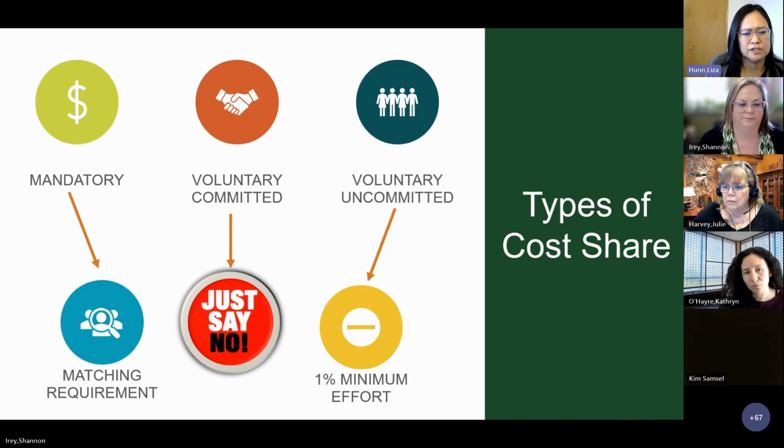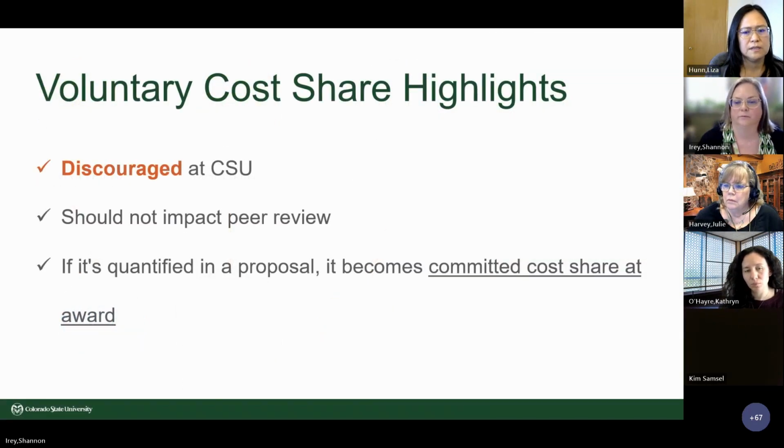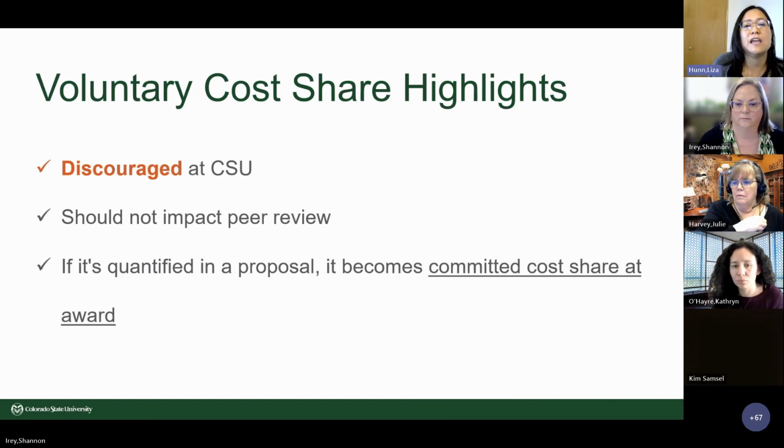We'll talk about voluntary cost share a little bit. So highly discouraged at CSU. It should not impact peer review. I do not have the part of uniform guidance, but uniform guidance does say it should not impact federal solicitations. Have I seen it? Yes, where they say cost share is not required.